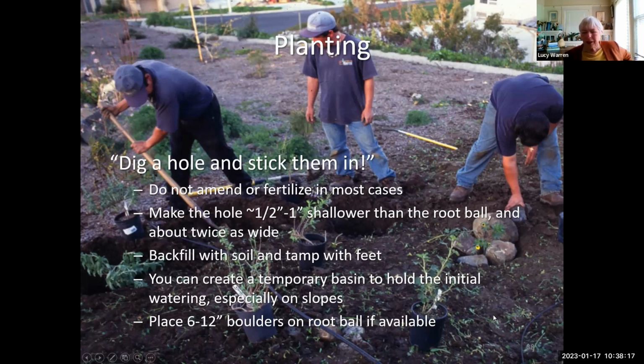This isn't creating a fire ring around the plant. It's right by the base of the plant, and one or two will do. What those boulders will do is help keep the moisture in, and they'll keep a more even temperature on the root base of the plant. Just a little assistance for them while they're getting established.